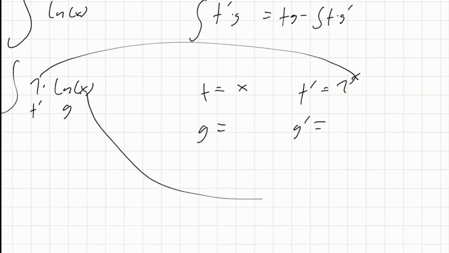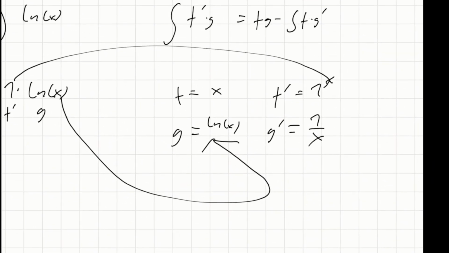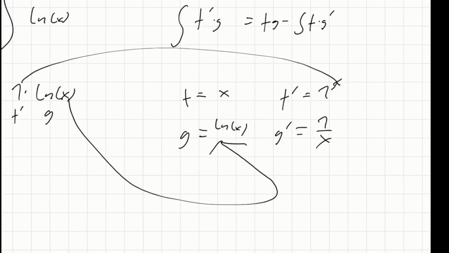Now just write this here, so we get ln of x, and we know that the derivative of ln of x is 1 over x. 1 divided by x, I'm so sorry. Just plug it in your formula, and this is quite easy.